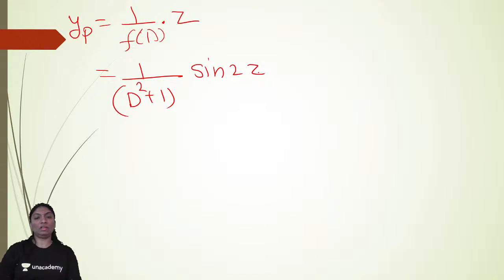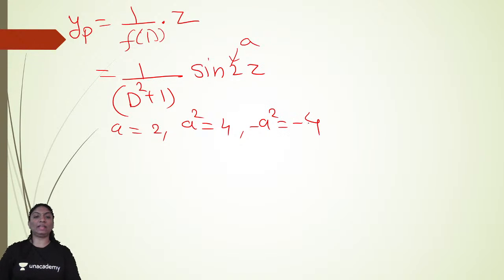So very simple. We will apply rule 2, the rule for sin ax. If your x is equal to sin ax, then replace d square by minus of a square. So here a is equal to 2, a square is equal to 4, minus of a square is equal to minus 4.